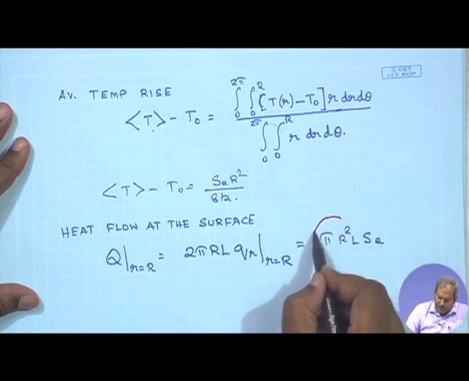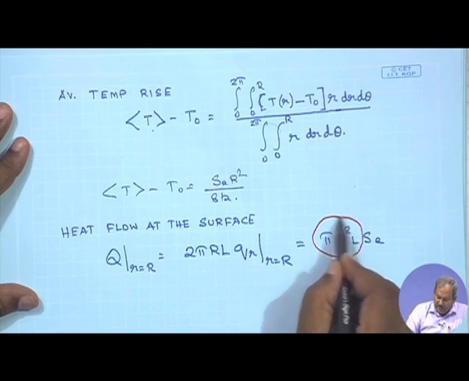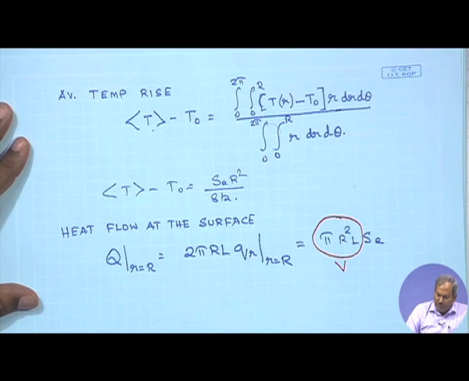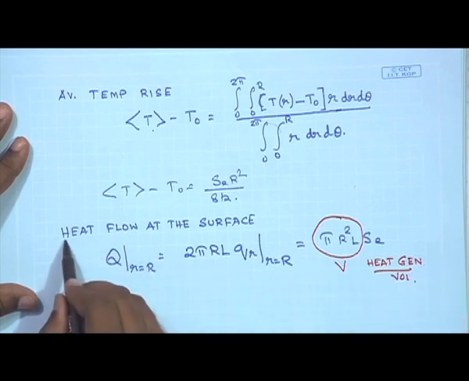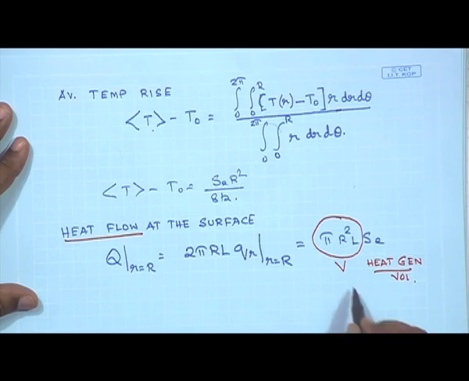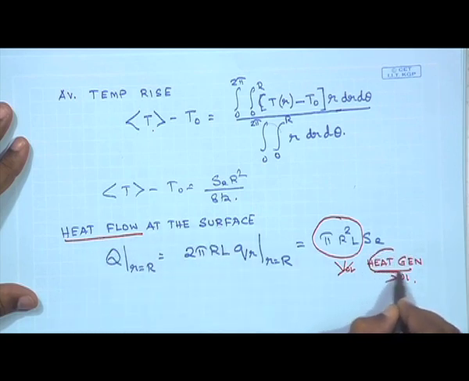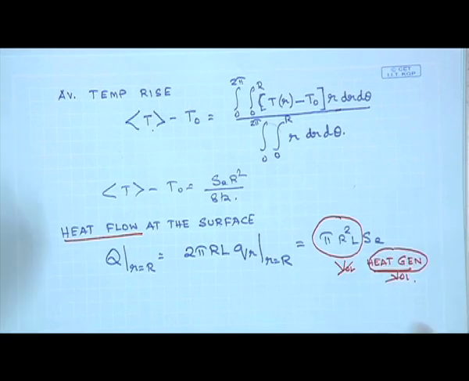If you look carefully, pi R square L is simply the volume of the control volume, and S_e is the heat generated per unit volume. So the heat flow at the surface must be equal to the heat generated. That is a condition which must be maintained in order to reach the steady state.